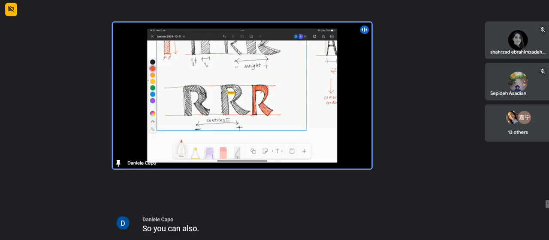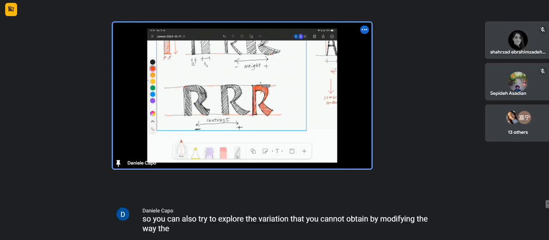So you can also try to explore the variation that you can obtain by modifying the way the weights are distributed on the letter.